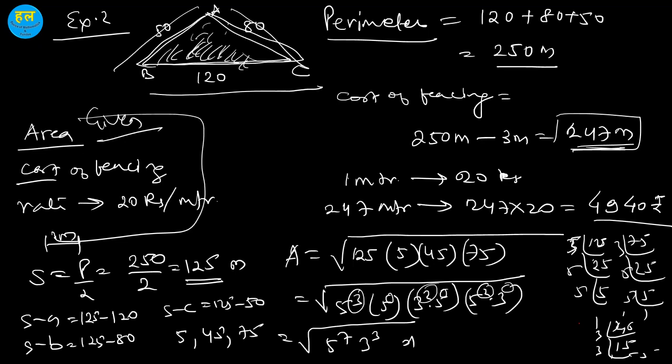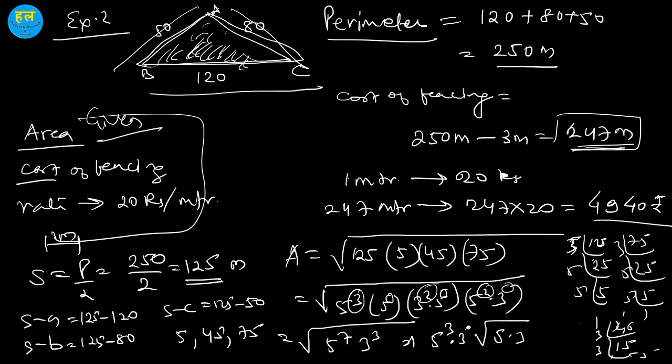So we will take the even values out. That is 5 to the power 3 into 3 to the power 1, root 5 into 3.